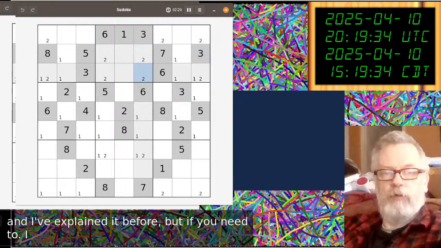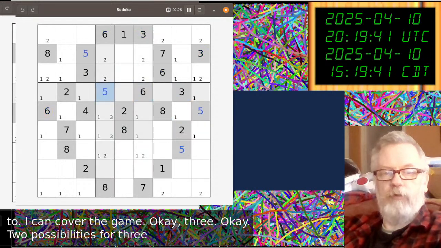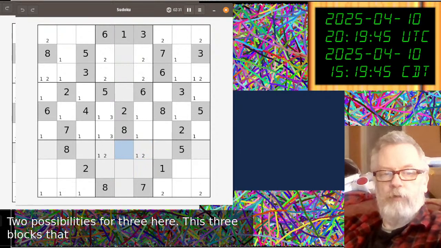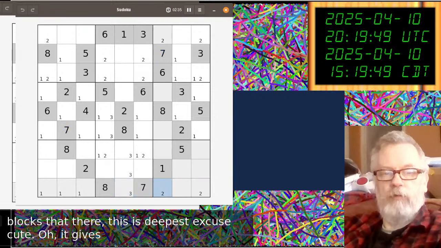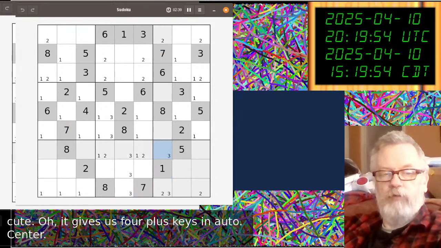Okay, 3s. I've got 2 possibilities for a 3 here. This 3 blocks that one there. This 3 blocks that. That gives us 4 possibilities in the bottom center. Left center, bottom right, I've got 2 possibilities. I've got 3s in the other 2 columns.